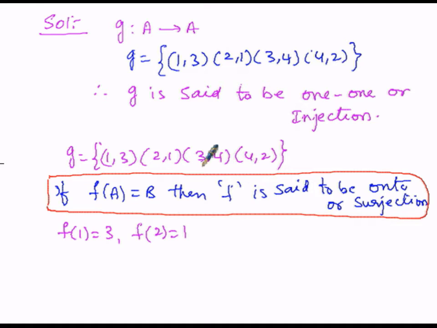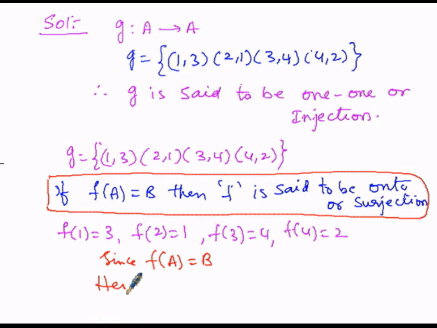So here the image of 3 is 4, that is f of 3 equals 4. So here f of 4 equals 2. So here, since f of A equals B, hence the given function f is said to be an onto function.